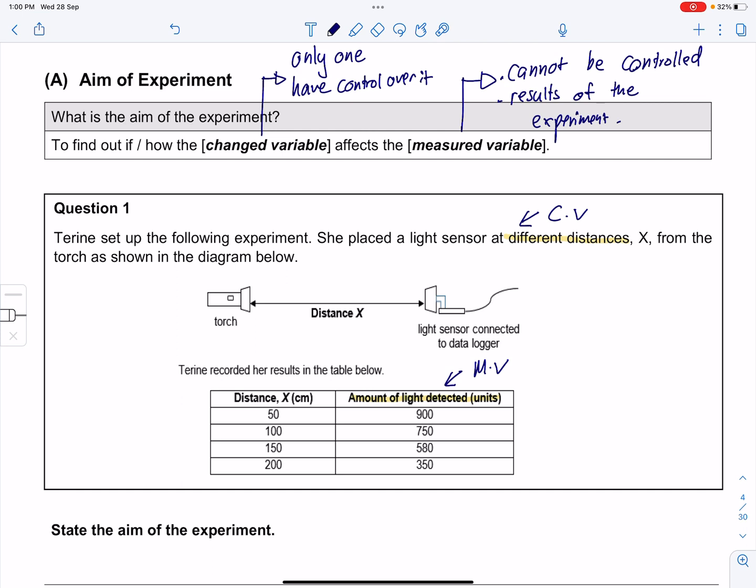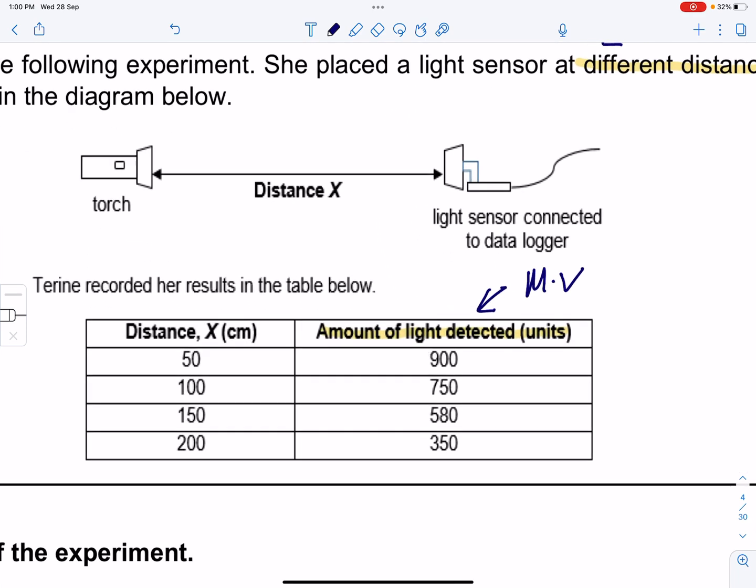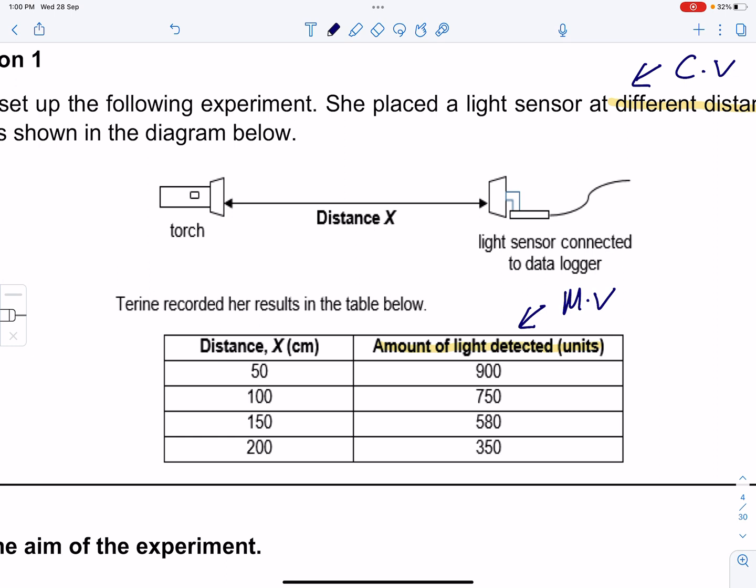Okay. Now, when you are analyzing tables, it is very important to use arrows to help you determine the direction of trend. So for example, in this case, it is 50, 100, 150, 200. When you read it this way, it is actually increasing.